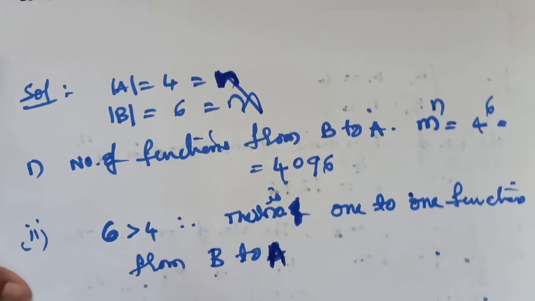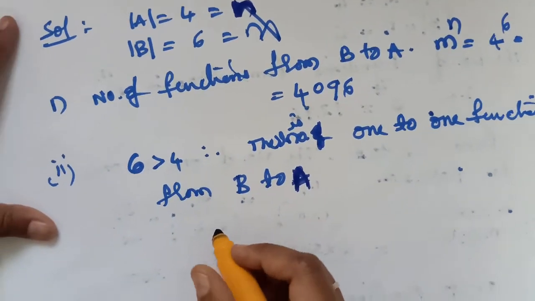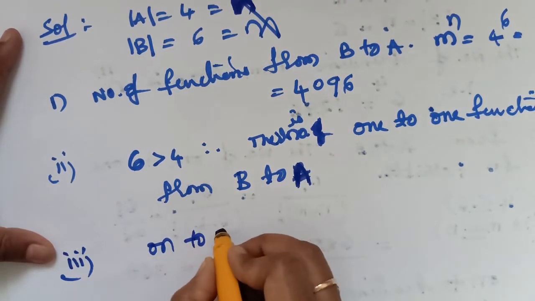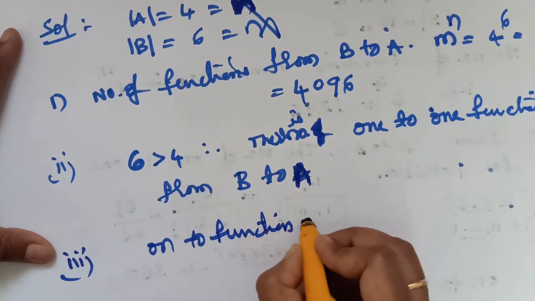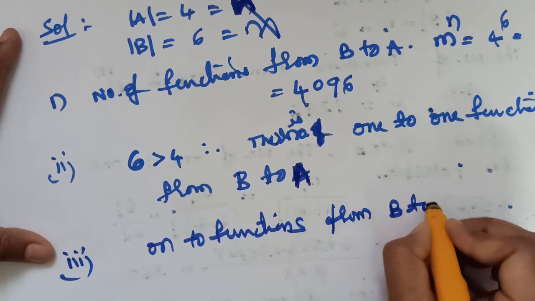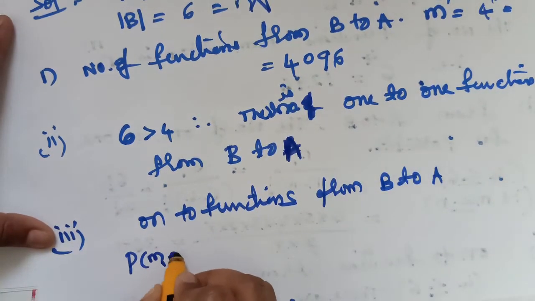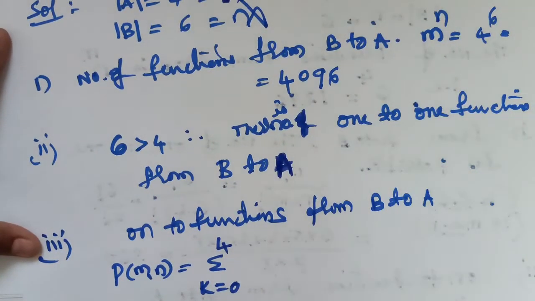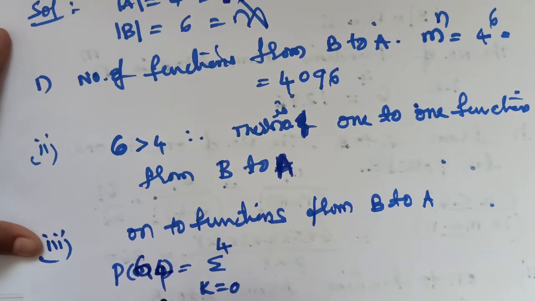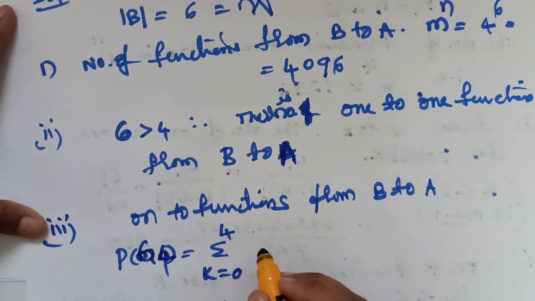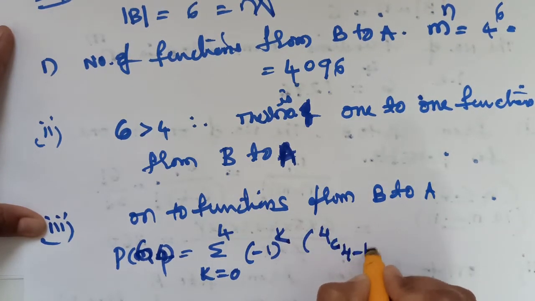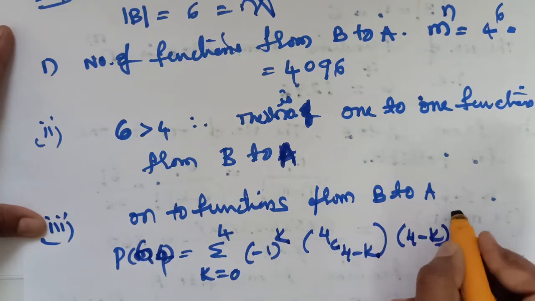So m greater than n, therefore there is no one-to-one function from B to A. Similarly, to know how many onto functions exist from B to A, that is P of m comma n, summation k is equal to 0 to 4, here n is equal to 4 and m is 6, that is P of 6 comma 4 is equal to summation k is equal to 0 to 4 of minus 1 power k, 4 C (4 minus k) and (4 minus k) power 6.